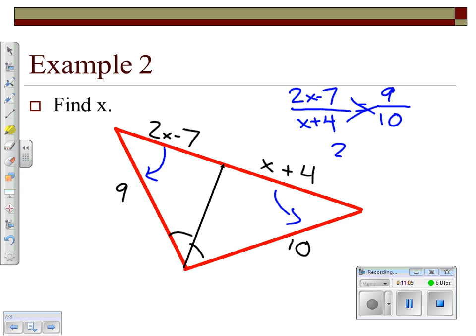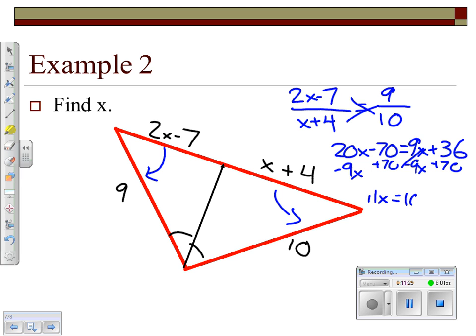So you get 20x minus 70 equals 9x plus 36. Then move your 9x over. You get 11x, add the 70 over, and you get 106.